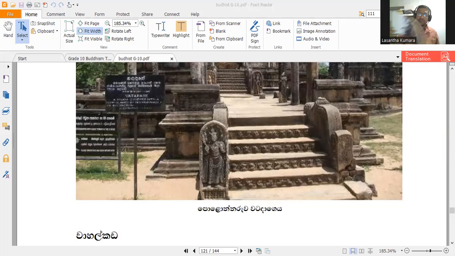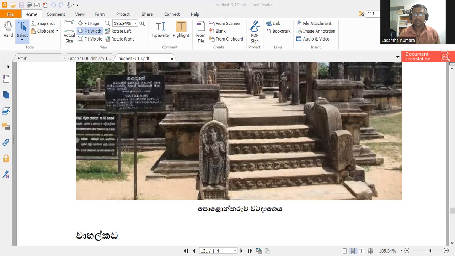Vatadage is a structure built to protect the stupa. So normally this has been built around small chaityas, not big ones. Because to build a circular structure around a big stupa is very difficult.